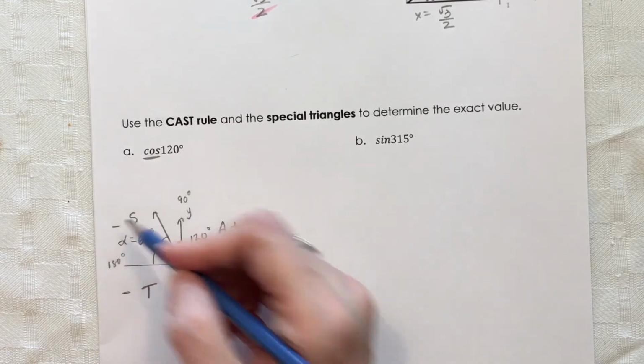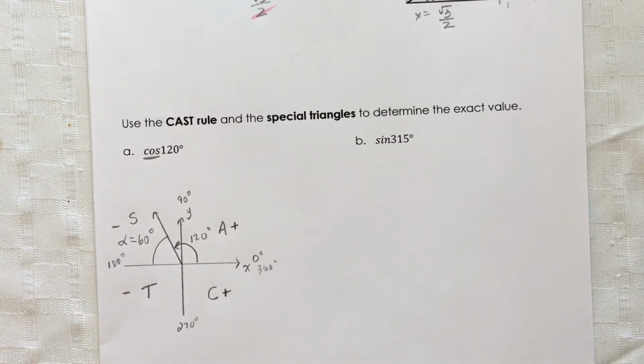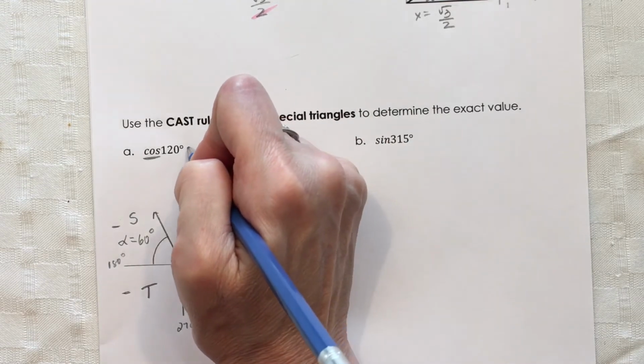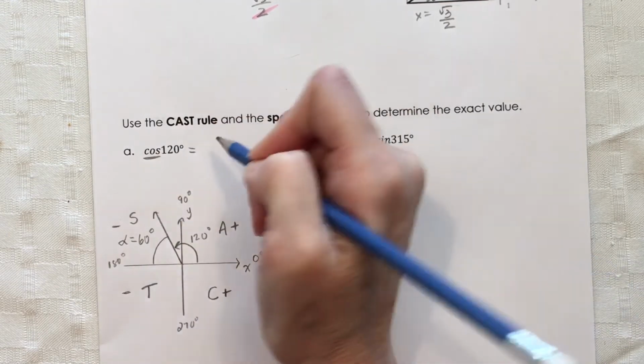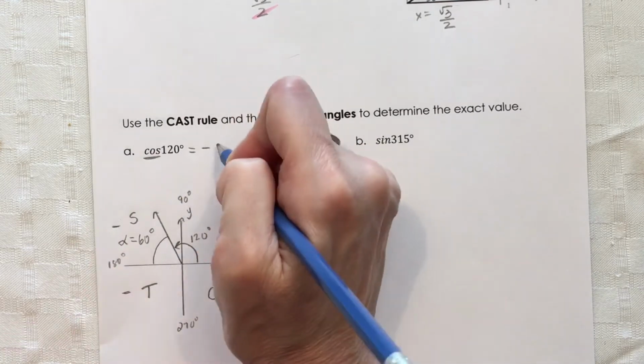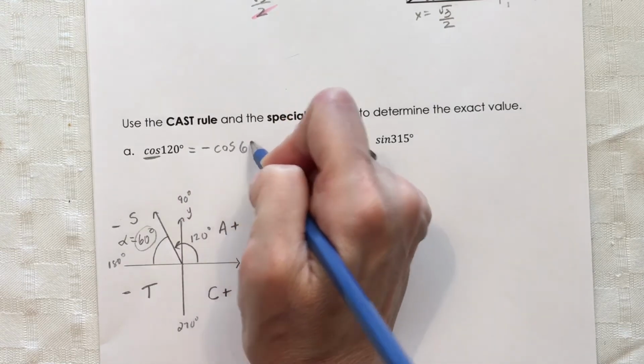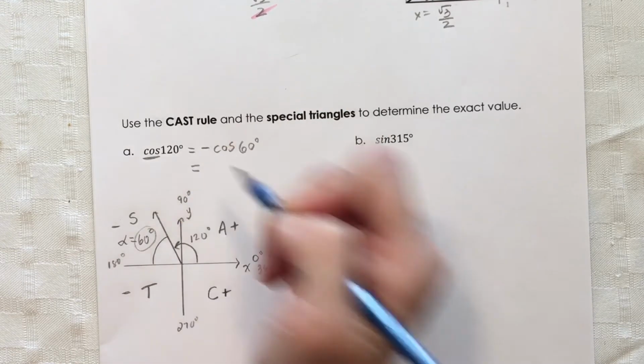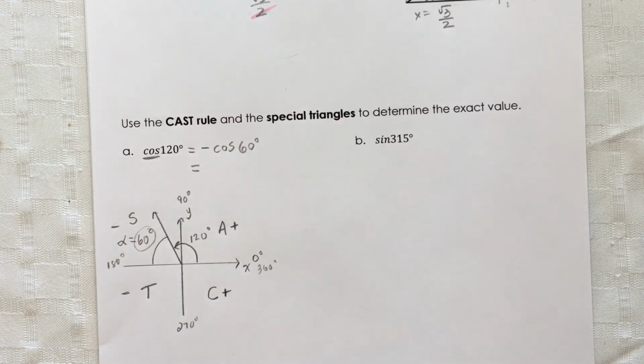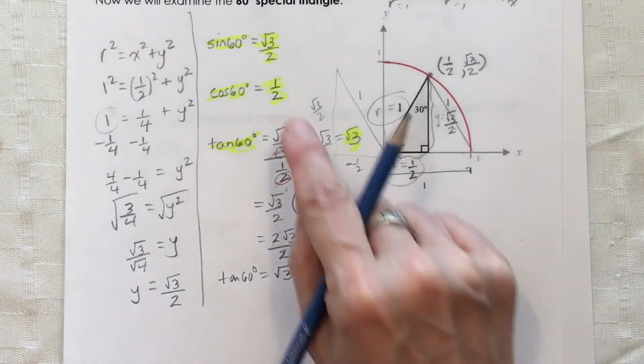So we're in a quadrant where the cosine is negative. Okay? So the cos of 120 is going to be negative cosine of the related angle, which is 60 degrees. So it's going to be negative, and what was the cos of 60? 1/2.